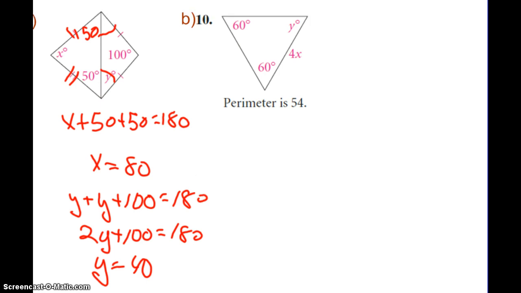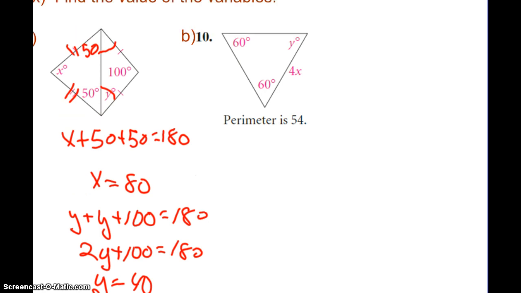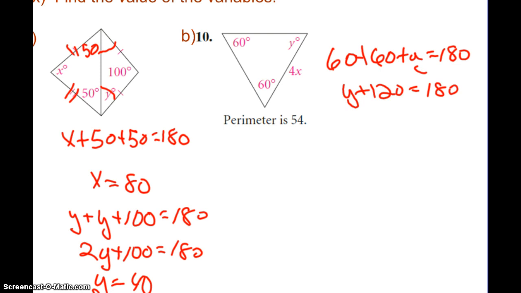In the other problem right here, we know the inside angles add to 180. So we have 60 plus y plus 60 is 180. So y plus 120 equals 180, and y would then be 60. So it's equiangular, meaning all these sides are equal. They'd all be 4x.